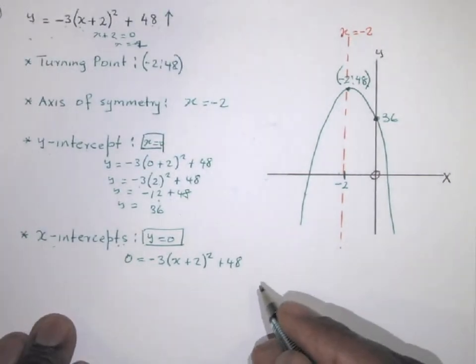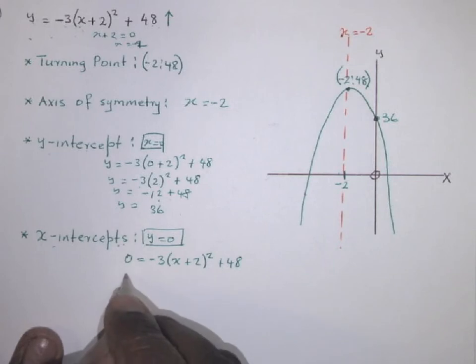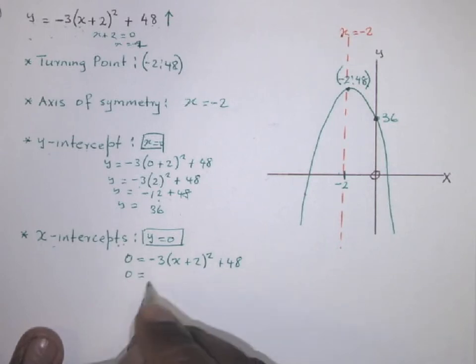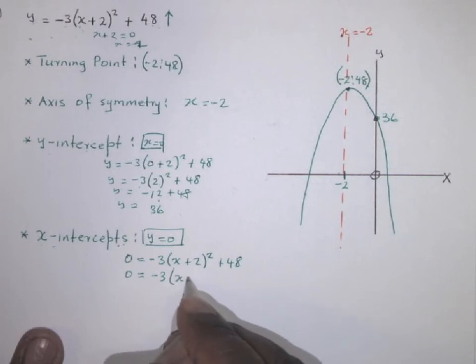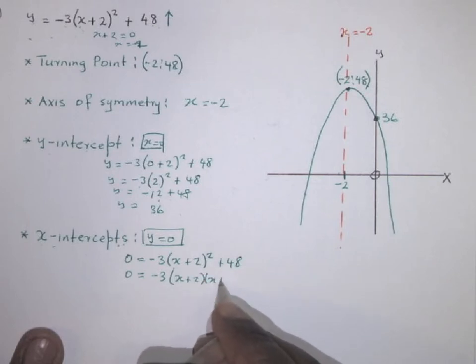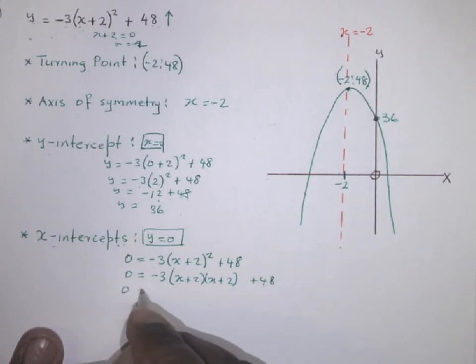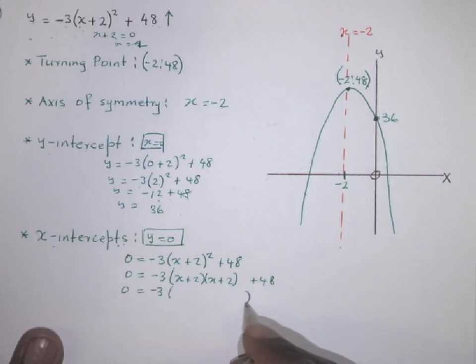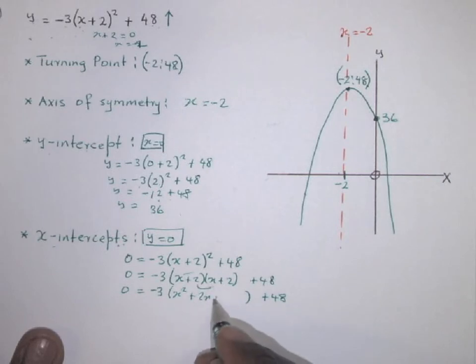Now, to solve for x, I remove the brackets. It's minus 3, and multiplying out the two brackets, you get x squared, plus 2x, plus 2x, plus 4.